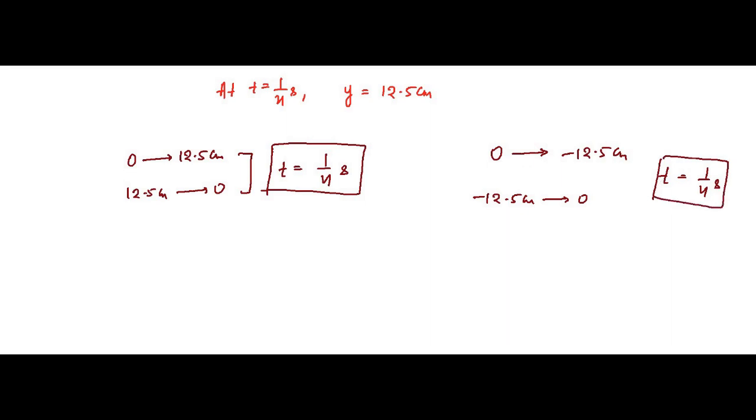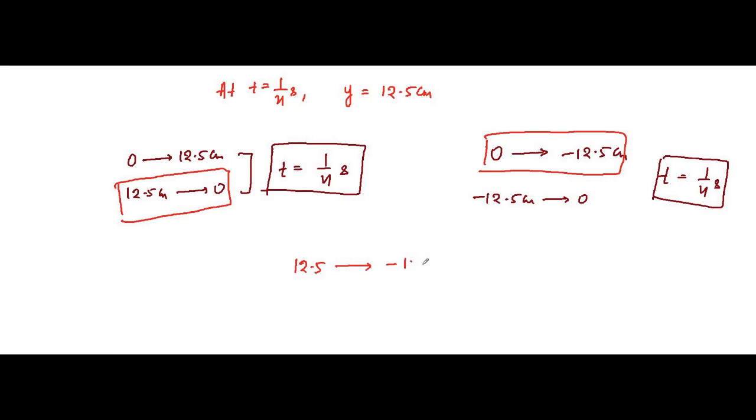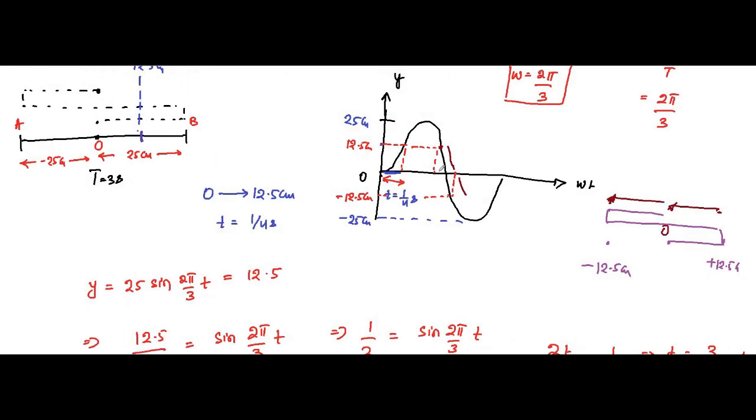So the particle will travel first from 12.5 to 0 and then from 0 to minus 12.5 centimeter, covering 12.5 to minus 12.5 centimeters. For that it will take 1 by 4 seconds plus 1 by 4 seconds.